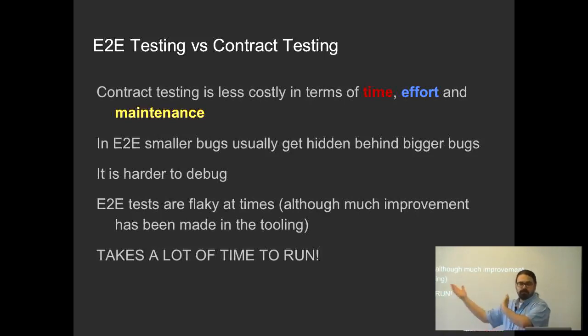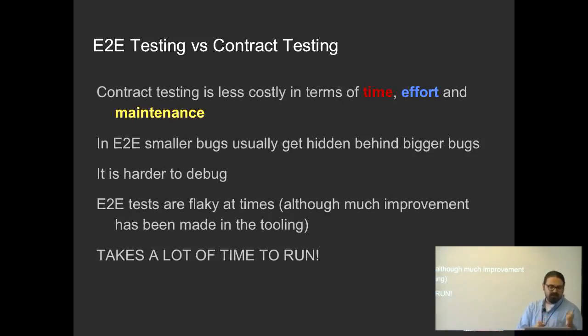You remember Martin Fowler's image there? It actually requires everything there to be online or set up in some way, or stubbed out in some way, because that's why it's called end-to-end testing, right? So it requires a lot of time, effort, and maintenance to go through and set up an end-to-end test, especially the environment.